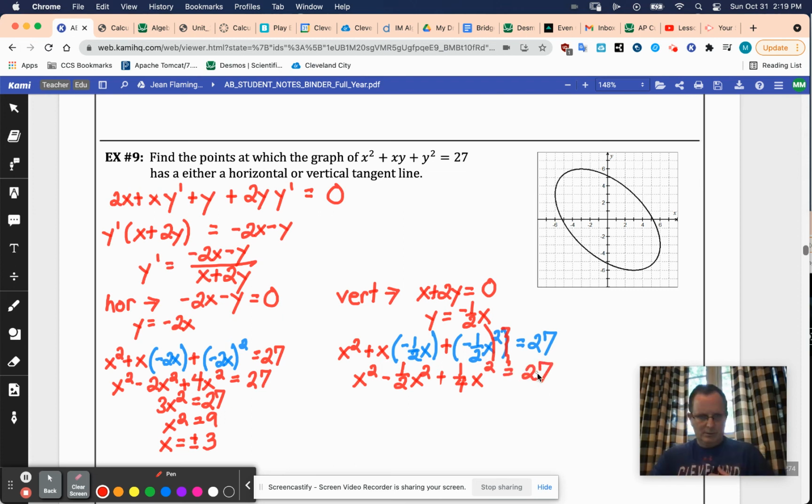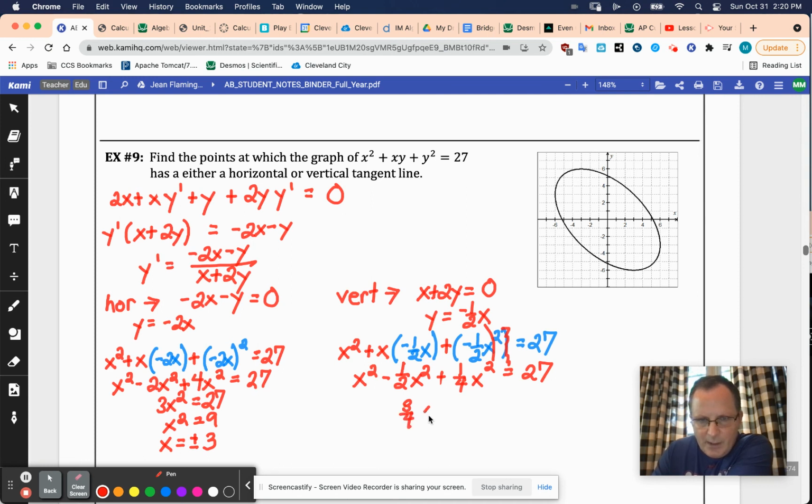Forgetting anything? Nope, looks good. So 1 minus a half is a half. A half plus a quarter is 3/4. There we go, now we're talking.